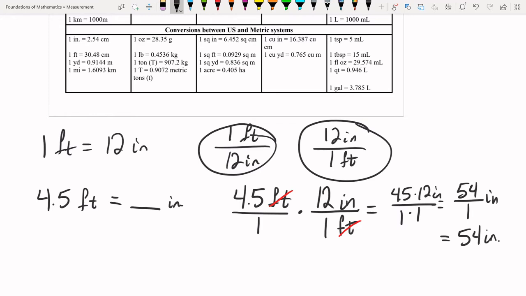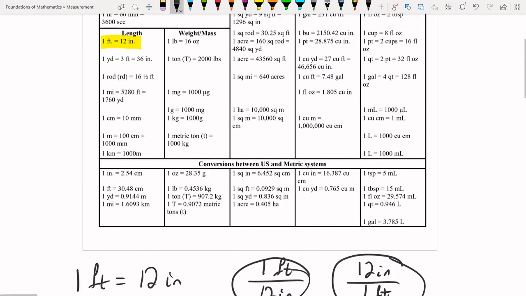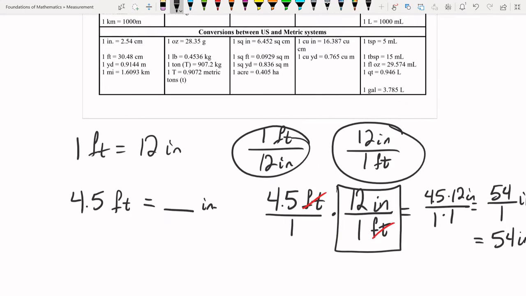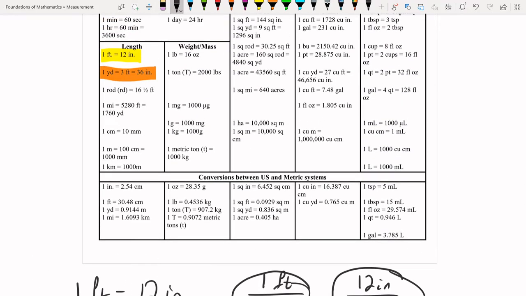Now, of course, you can string these things together. We can keep multiplying by different unity fractions to keep changing the problem. Let's say I had 4 yards, and then I can multiply this by the unity fraction. It says 1 yard equals 3 feet.